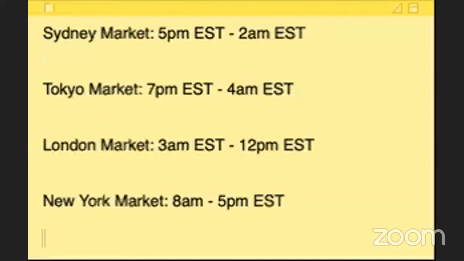Which session do you think we should be trading that one in? I would think the Sydney market would make more sense to trade that pair in because it's open during that time, and it would probably be a little bit more movement than others.